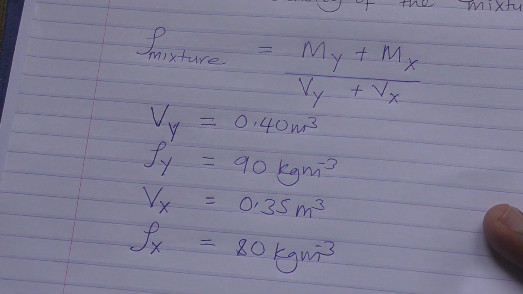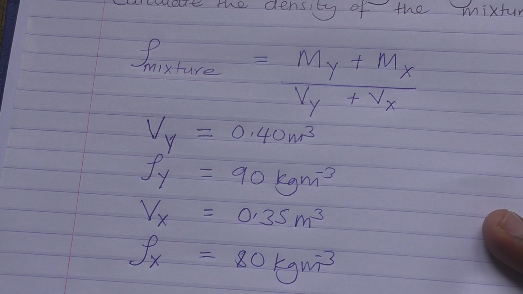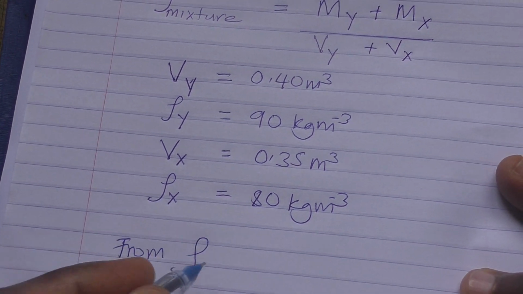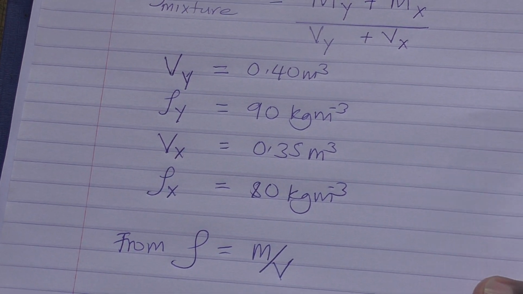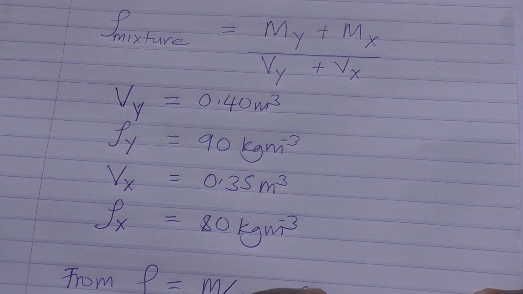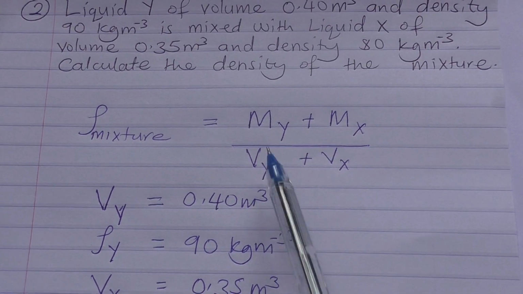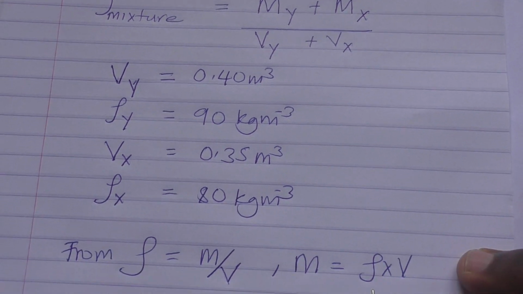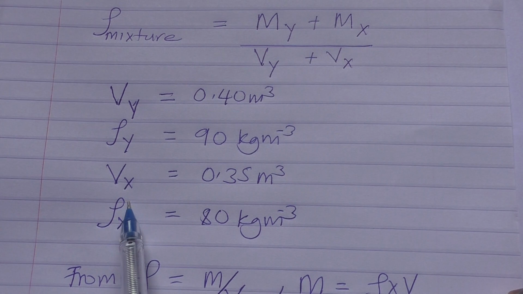And now you realize that in our given information we are lacking the masses. Perhaps we shall say that from density equals mass over volume, we can make mass the subject, where mass is now given as density times volume. So in our formula, where we have mass, we shall replace it with density times volume, since it's what we are given in the question.